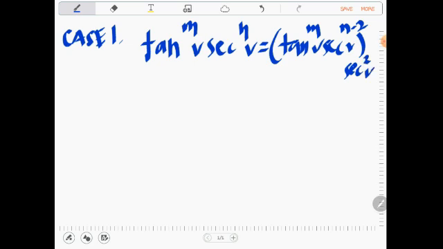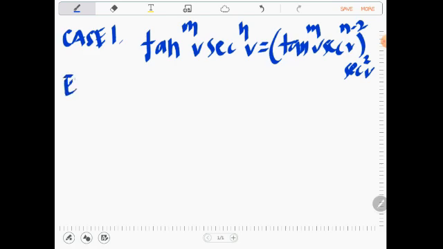So ganun yung process. And then use again the identity secant squared v equals 1 plus tan squared v, to reduce the given integral to the form that is equals to the integral of the sum of powers of tangent multiplied by the secant squared v dx.